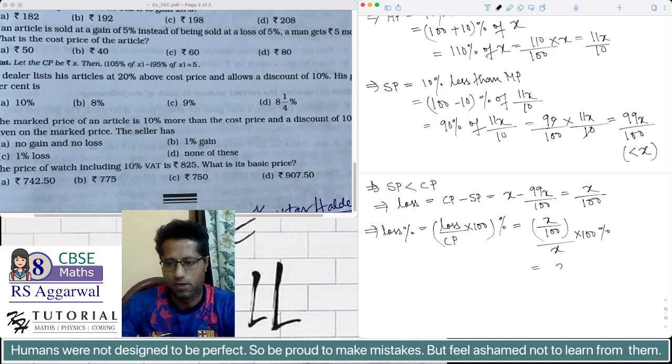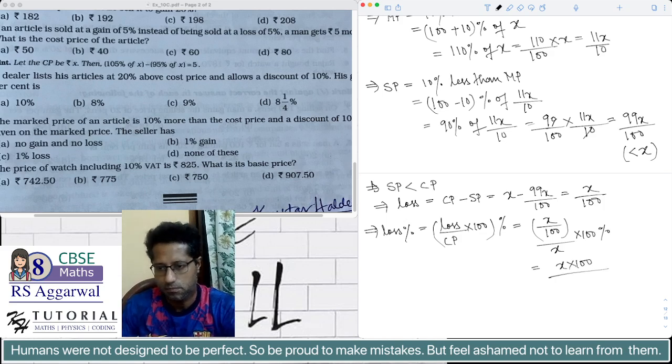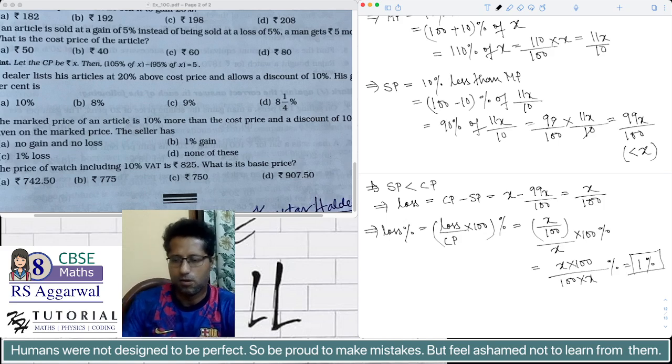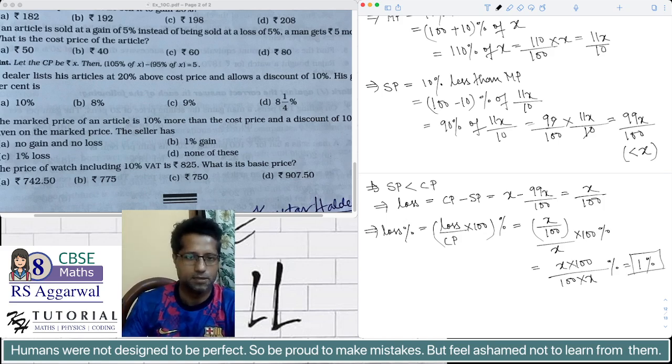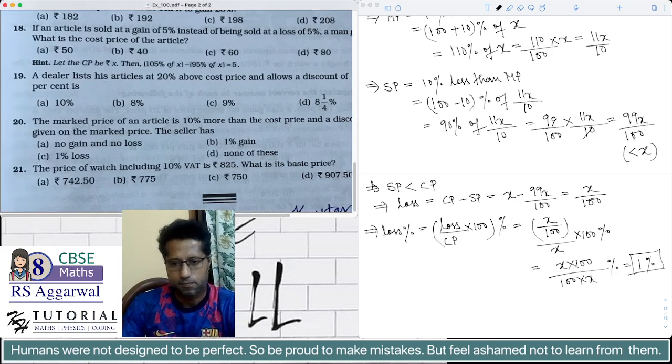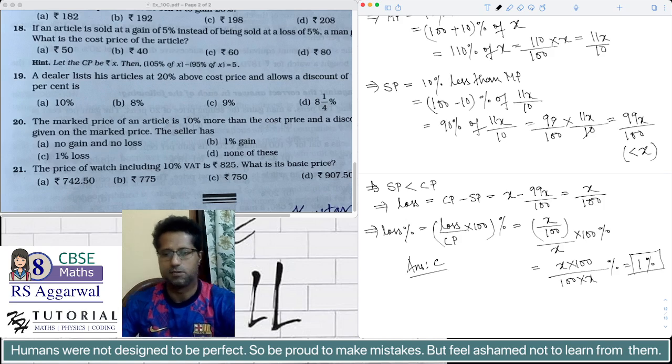This is equal to x multiplied by 100 divided by 100 multiplied by x percent, which is equal to 1%. So there is a loss of 1%, and hence the correct choice is C. The correct choice is C.